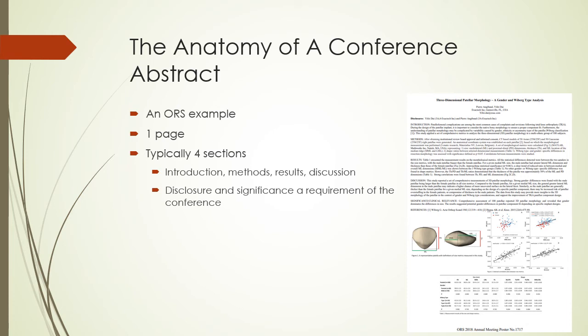The requirement was 1 page, and typically it comes with a title, and ORS specifically asks for disclosure information from the authors, so it has a disclosure section as well. And then introduction, methods, results, discussion. And at the end, ORS also asks for significance. That means a 1 or 2 sentence, very short summary about why your research is significant.